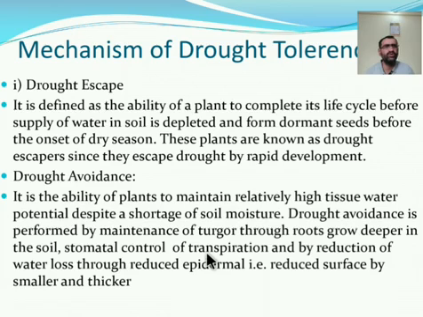Due to the stomatal control, more and more water is retained in the plant body, controlling the transpiration rate. Water loss is reduced through reduced epidermal surface, by smaller and thicker leaves. These are the different activities controlled by the plant itself to avoid the drought condition, which is known as drought avoidance.